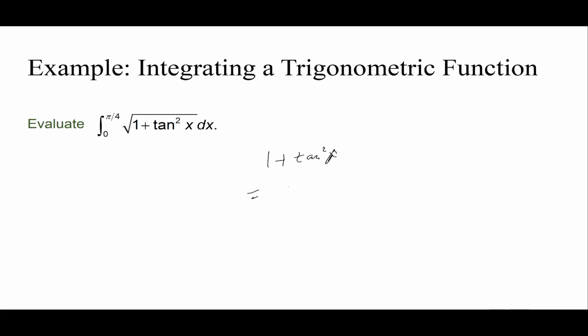1 plus tan squared x is actually, tan squared x means sine squared x over cosine squared x.